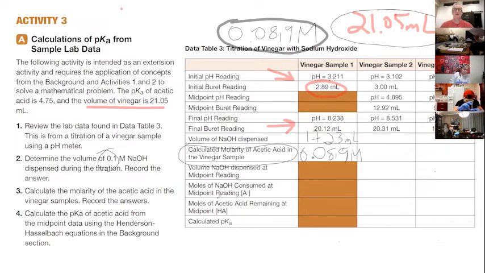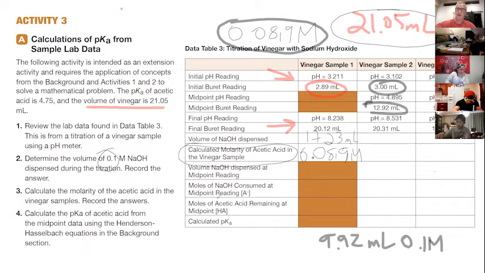So the volume of sodium hydroxide dispensed at the midpoint is basically halfway in between. Actually it tells you right here, the midpoint burette reading. So at the midpoint, it has dispensed 12.92 minus 3, so that's 9.92 mils of 0.1 molar sodium hydroxide.